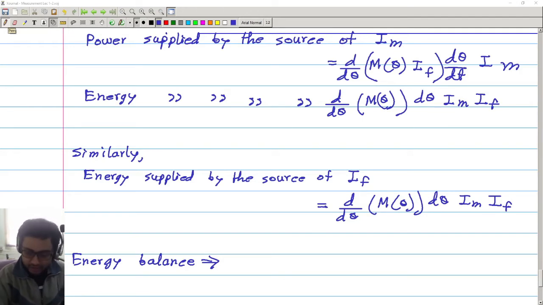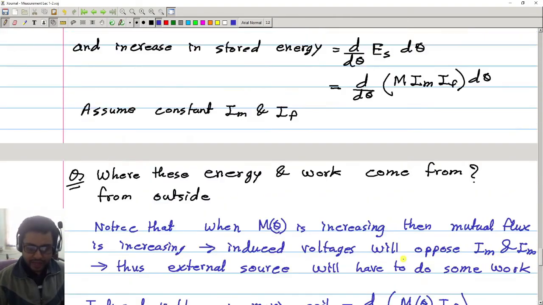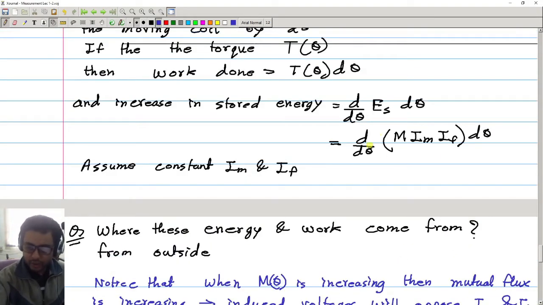Okay, so energy balance implies the sum of these two, which means 2 Im If (dM/dtheta)..., should be equal to the work done plus the increase in stored energy.